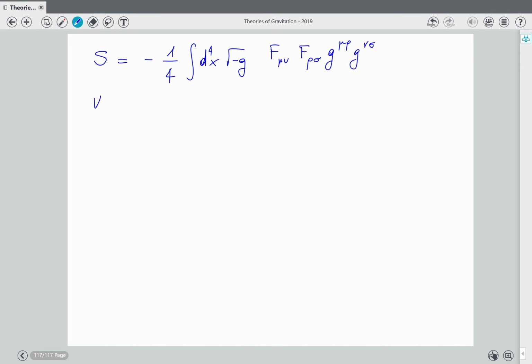What about replacing F mu nu with that? So let's write the covariant derivative of this object. We know the covariant derivative is the simple derivative.